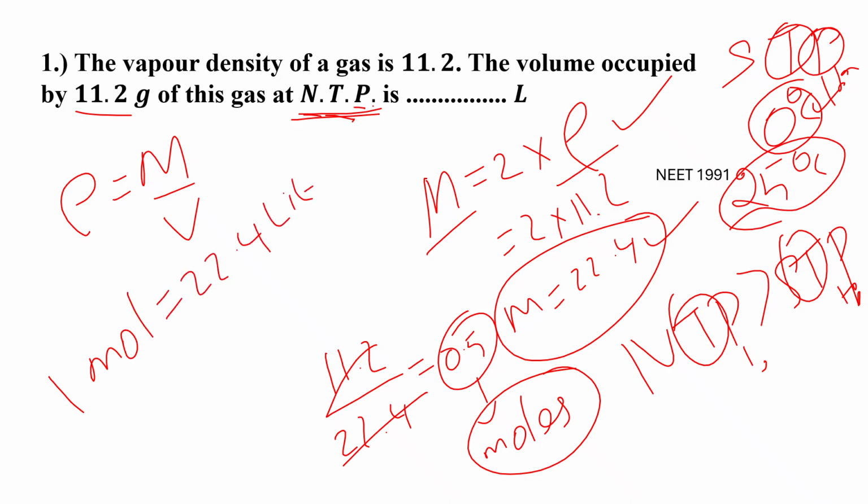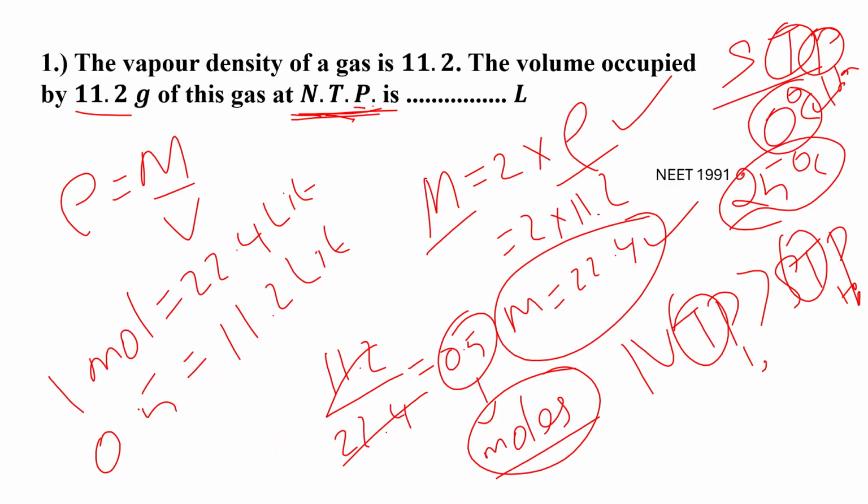This is standard, and in STP and NTP these two are the same. I am having 0.5 moles, so it will occupy 11.2 liters, right? 1 mole occupies 22.4 liters, so 0.5 moles occupy 11.2 liters.